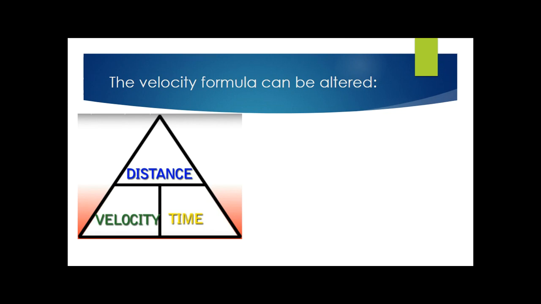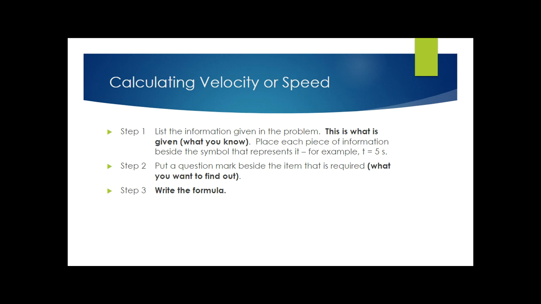It is distance over velocity, so that would be a division question. Now cover up distance. Velocity and time are beside each other. This indicates that they are multiplied by one another to find the distance. And so that's how you would find your formula.